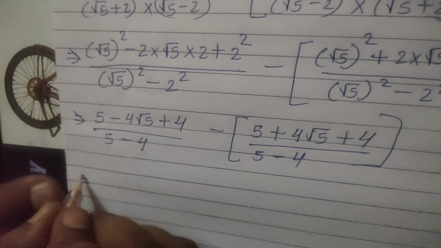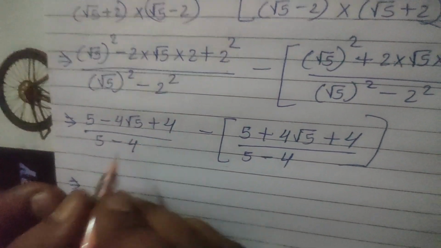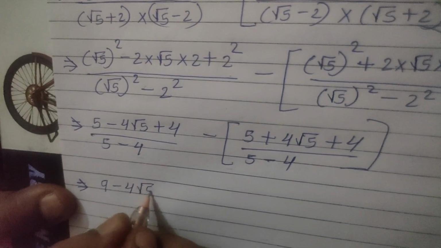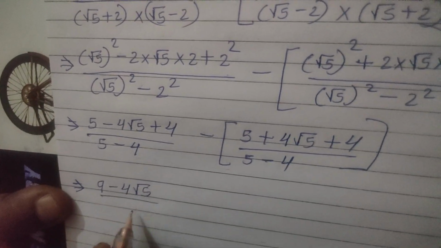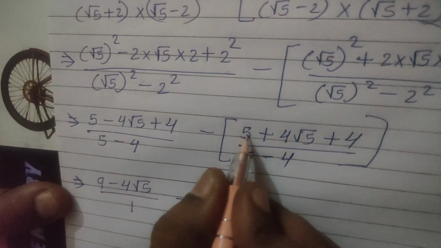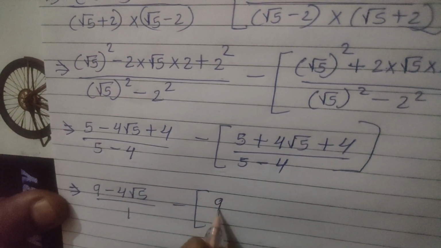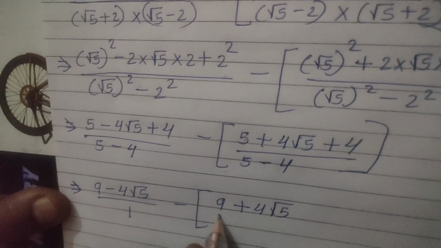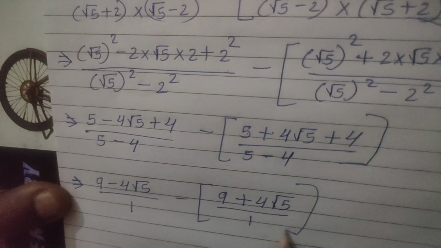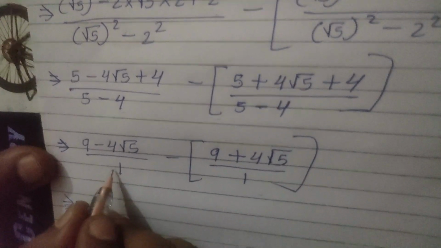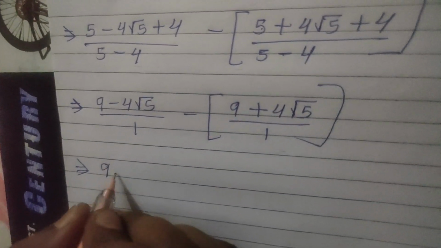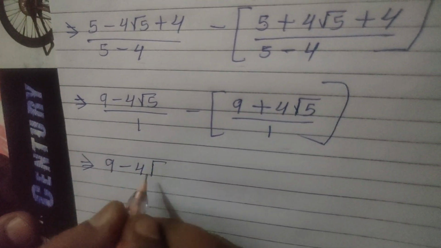Now solve this. 5 plus 4, 9, 9 minus 4 root 5, and 5 minus 4, 1. Here 5 plus 4, 9, plus 4 root 5, and upon 5 minus 4 also 1. Normally we are not writing denominator 1. So here 9 minus 4 root 5.